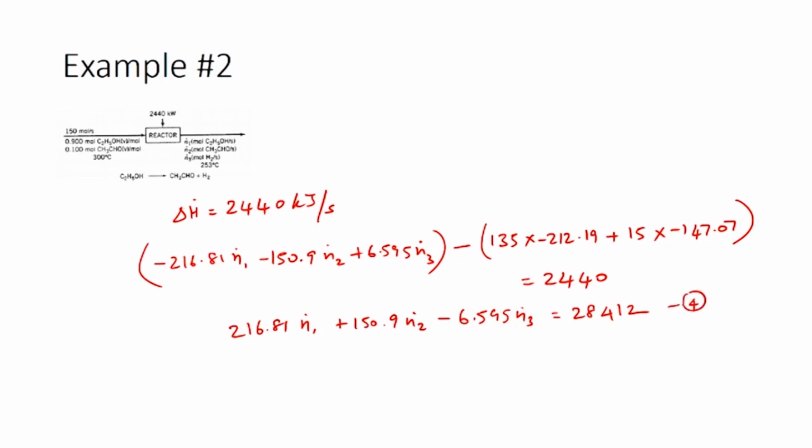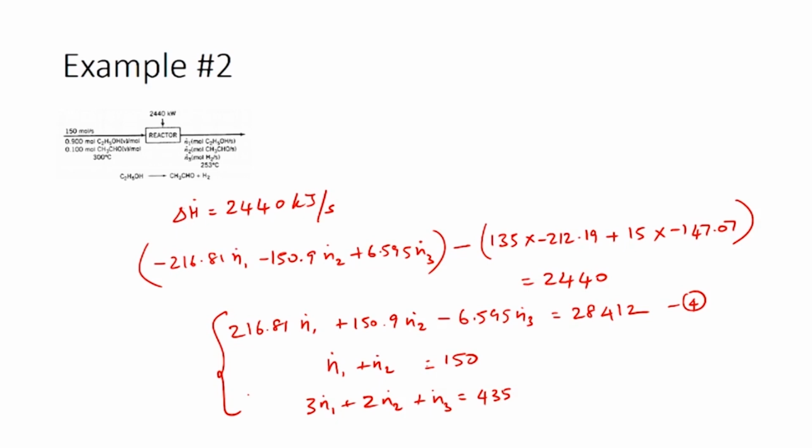So, using equations 2, 3 and 4, we will be able to solve for N1, N2 and N3. So, the other equations we had were N1 plus N2 equals 150 and 3 N1 dot plus 2 N2 dot plus N3 dot equals 435. So, using these 3 equations and solving them simultaneously, we can get the values for N1, N2 and N3.